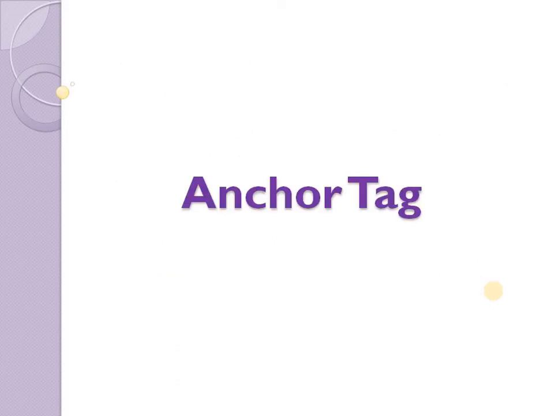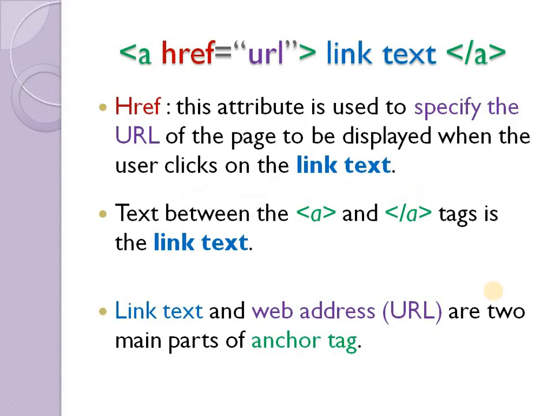So see how we can use the anchor tag. The first line is the example of the anchor tag. Starting angle bracket, then a, then after a space, we have to define the attribute href. This is a required attribute, which means without href we cannot create hyperlinks. It will be a blank hyperlink if you do not use the hyperlink reference.